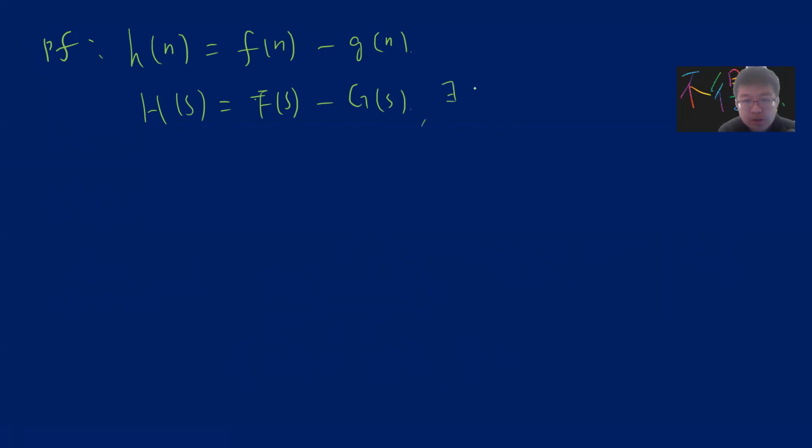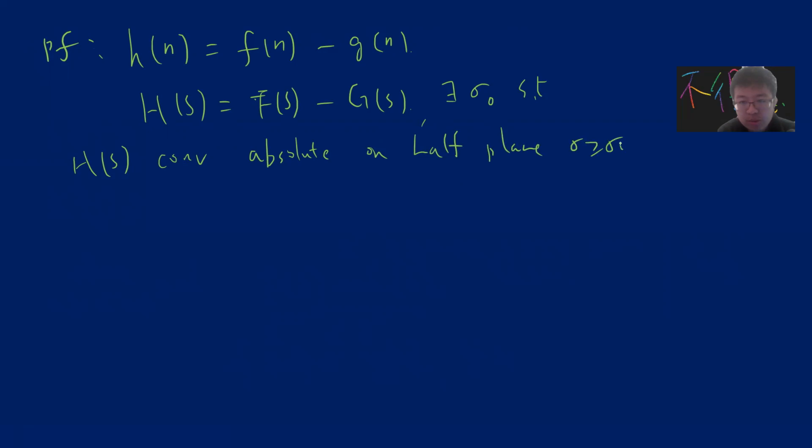Now I know that there exists a sigma_0 such that h(s) converges absolutely on the half plane sigma greater or equal to sigma_0, and h(s) is identically 0. Then we want to show that h(n) is 0 for every n.